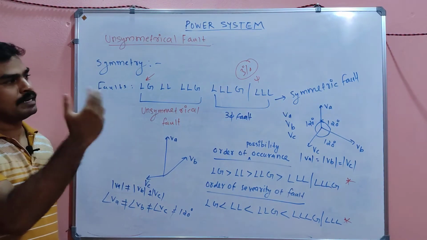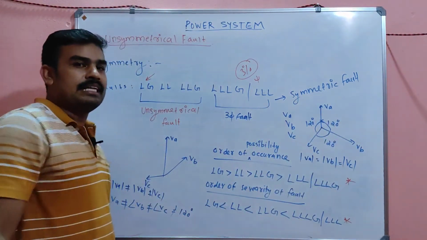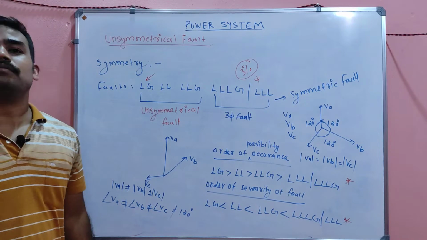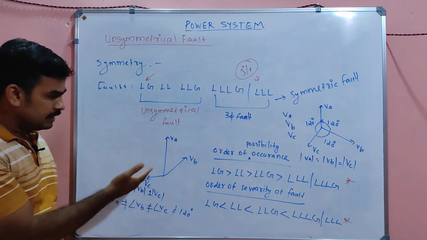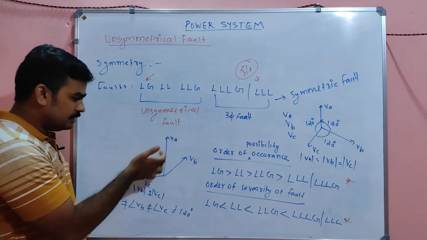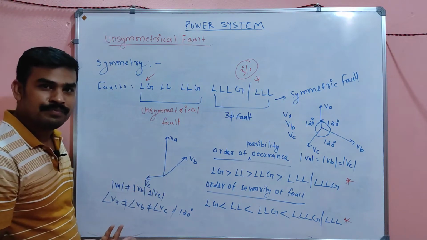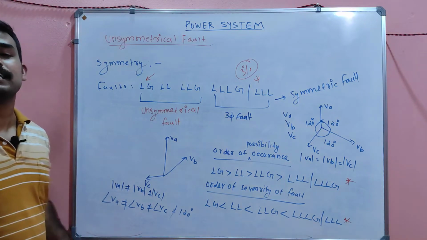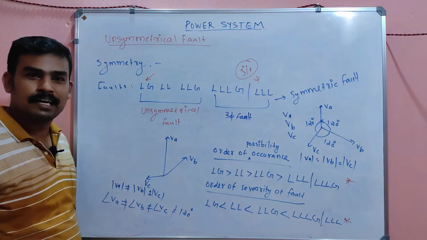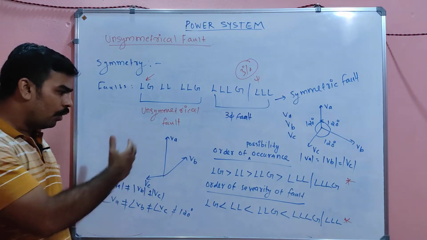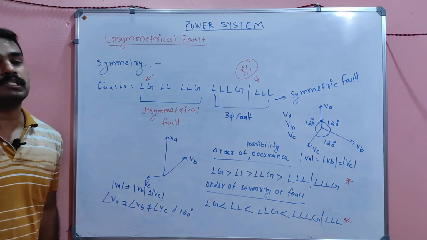Symmetrical fault current, like three-phase fault current, is again in balanced condition, so we can easily calculate the fault current after the fault. But for unsymmetry, see, these are the vectors. How can we find the resultant from this? It's a tedious task to make a resultant voltage, a resultant current, a fault current from this unbalanced vector. It is very difficult.